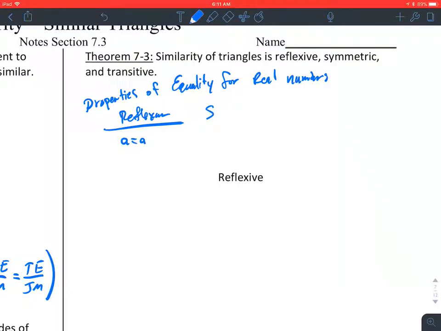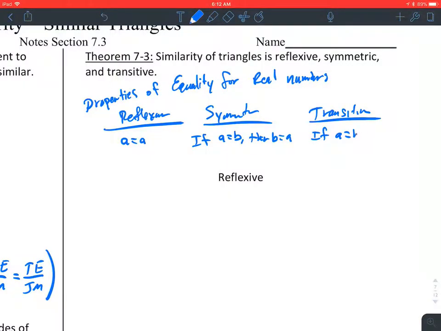Every number equals itself. For the symmetric property, it had to do with an equation. If a equals b, then b equals a. The transitive property of equality for real numbers said if a equals b and b equals c, then we can conclude that a is equal to c.